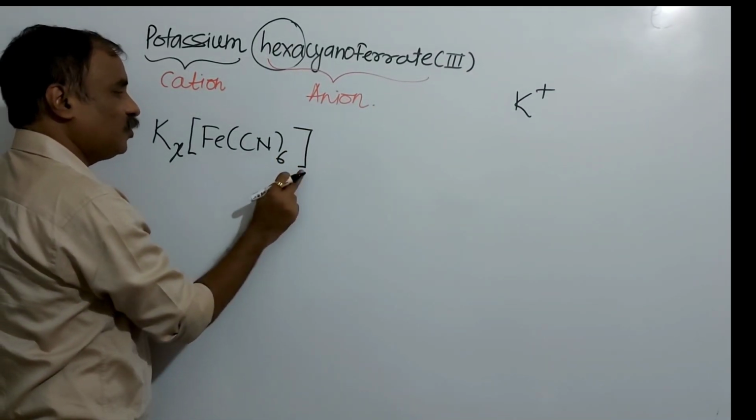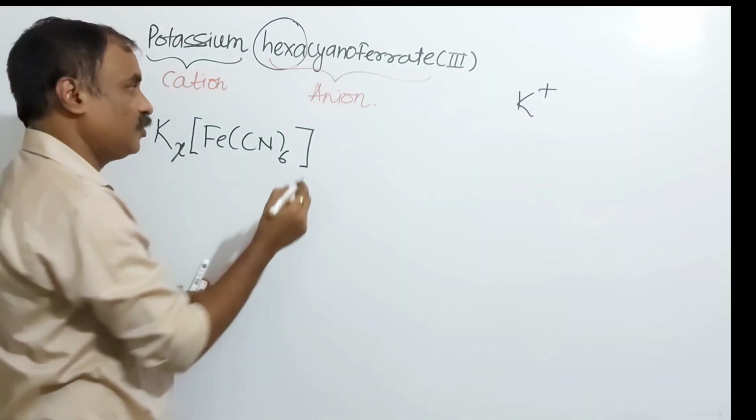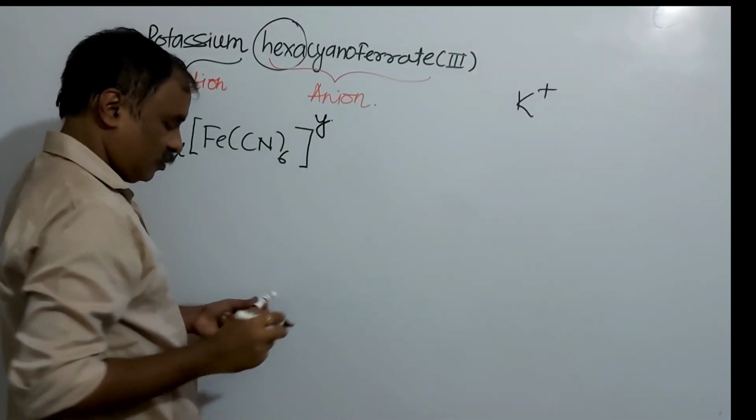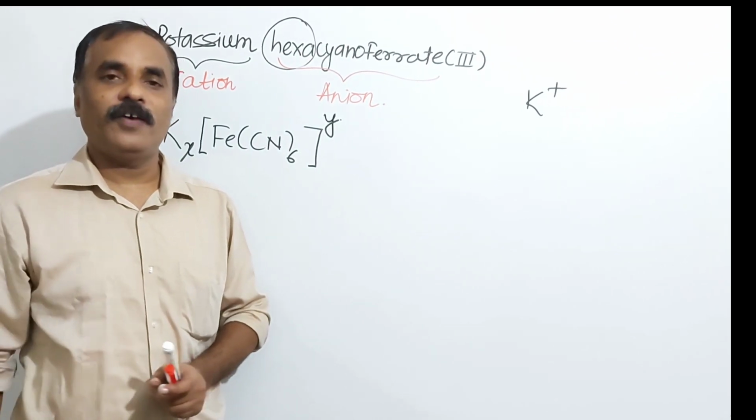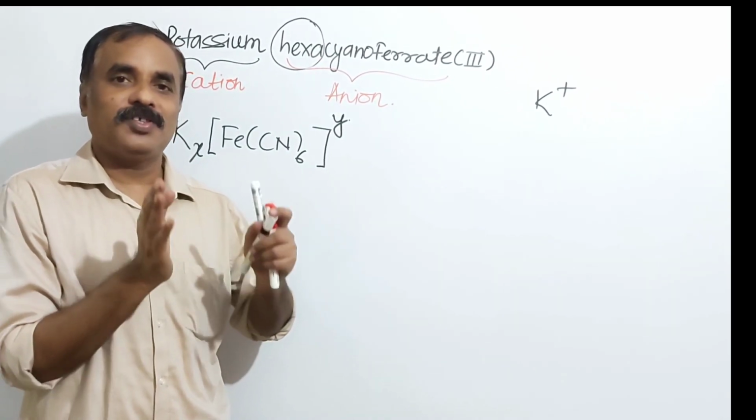Now tell me what is the charge on this? We don't know the charge on the square bracket. Consider it as y. By using this we can calculate x and y, and we can find the correct formula of this complex.